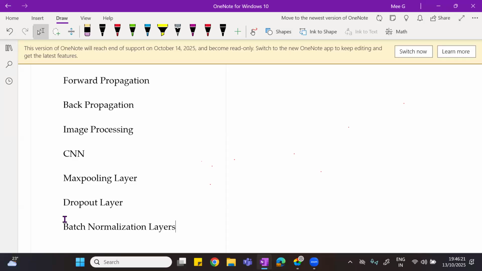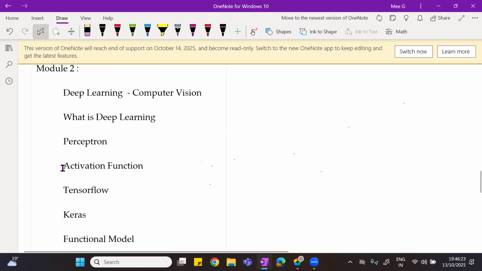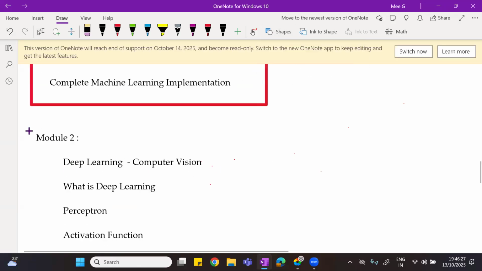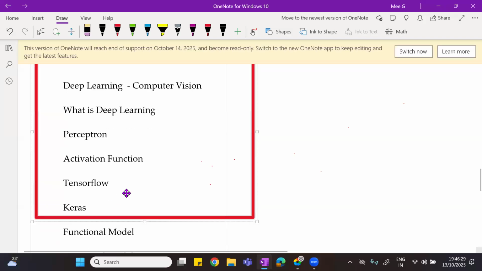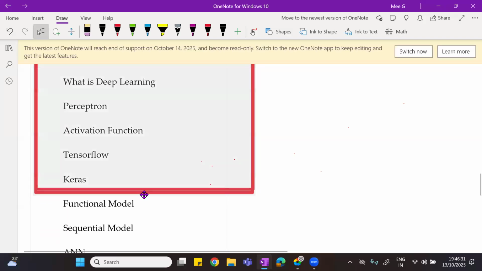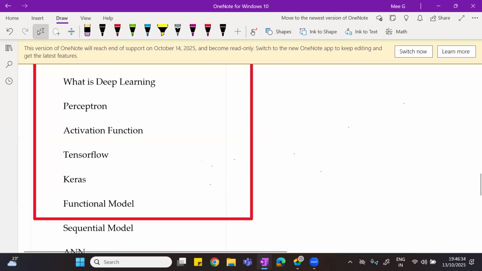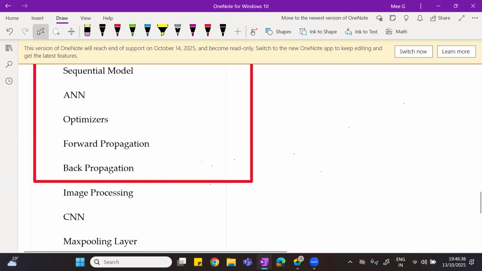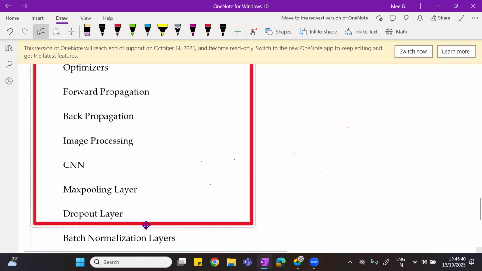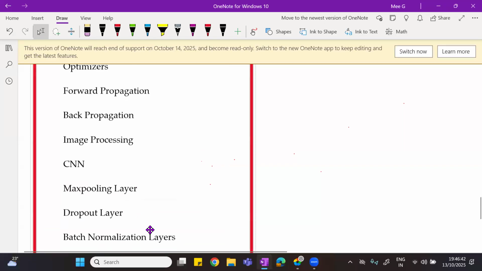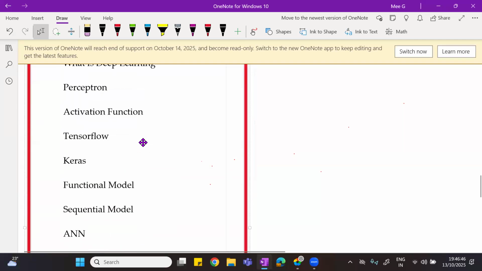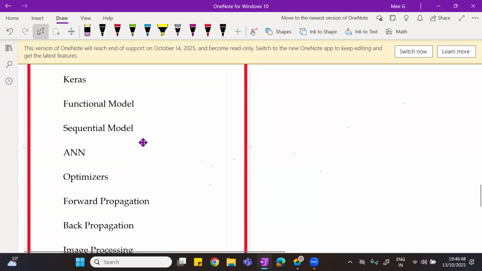All these are the things we are going to learn in much more detail. I'm just giving an overview of what we will be learning. All this will be covered as a part of your deep learning CNN. That is computer vision. Computer vision is implemented with the CNN. What is computer vision and how will it work? We are going to see in our upcoming demo classes.